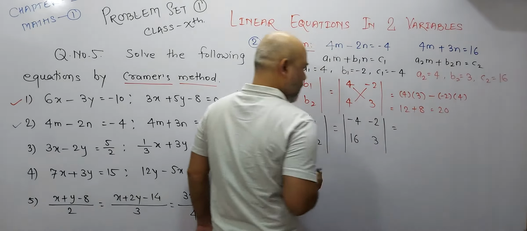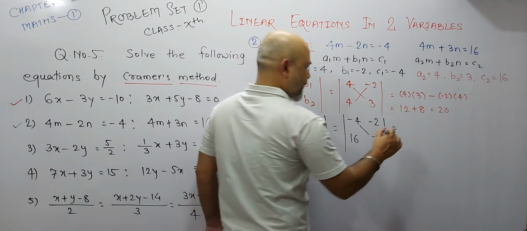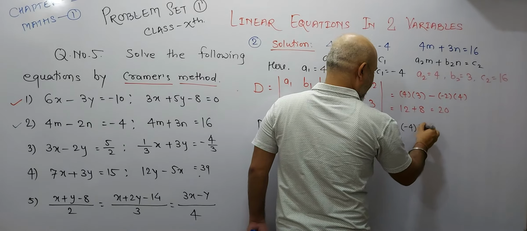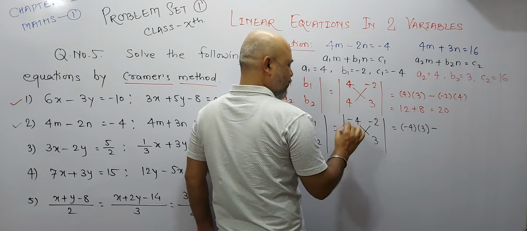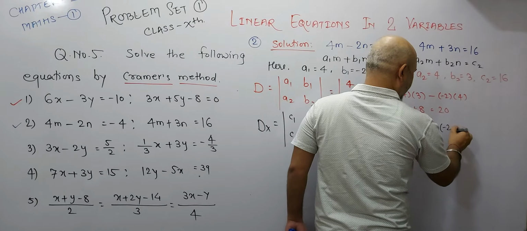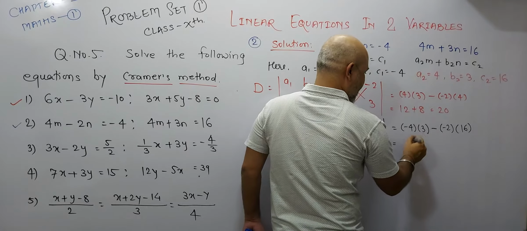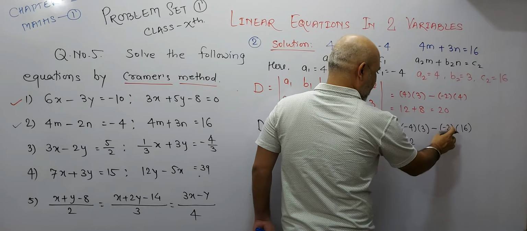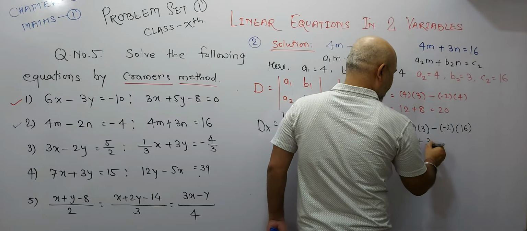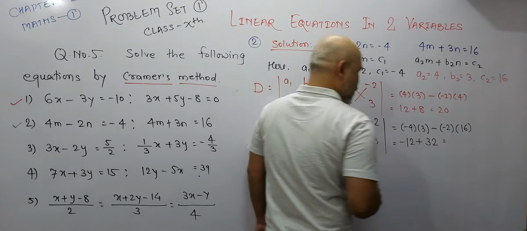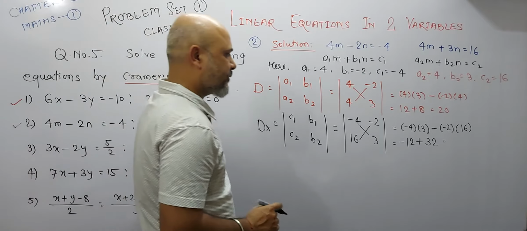Now you will solve. Again you will cross multiply. -4 multiplied by 3, then you have a minus sign, -2 multiplied by 16. So this will be -12. Because of this, minus becomes plus. 16 twos are 32. So -12 plus 32, you will get plus 20.